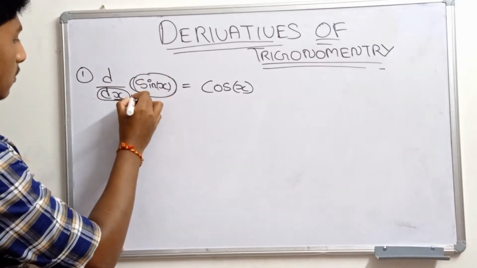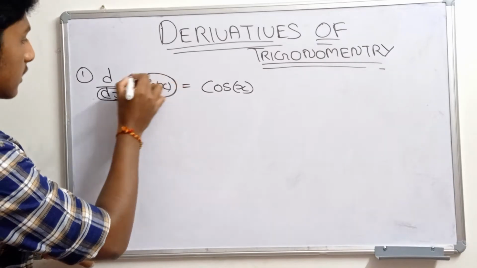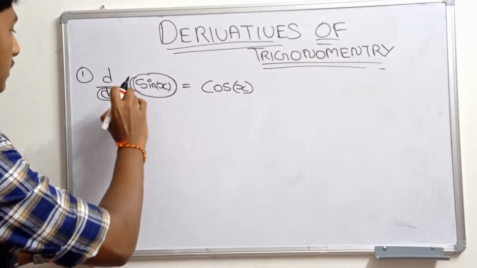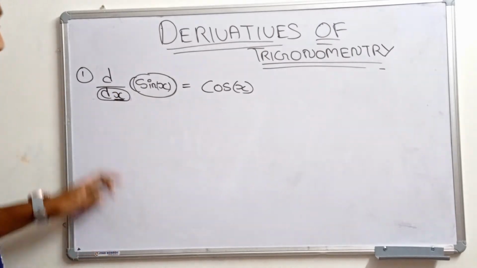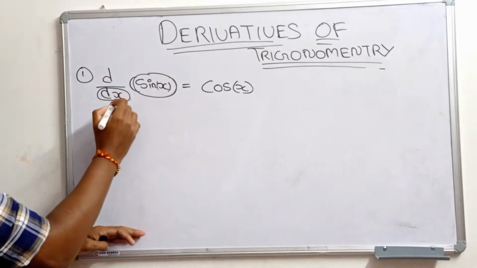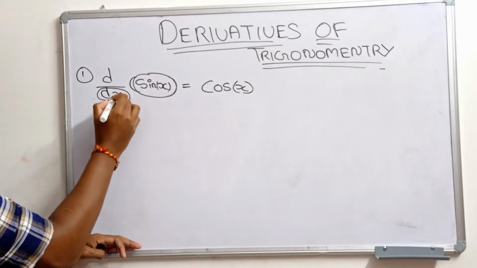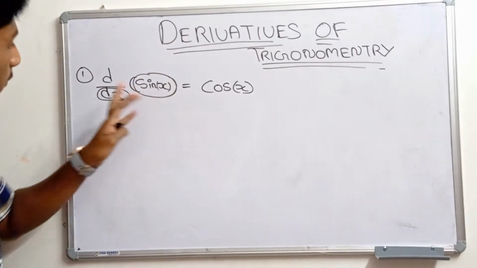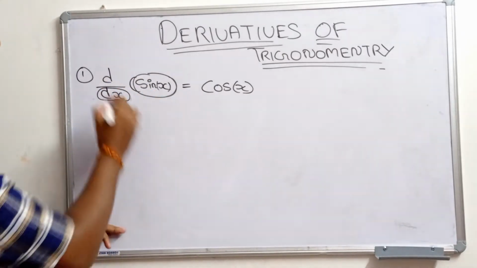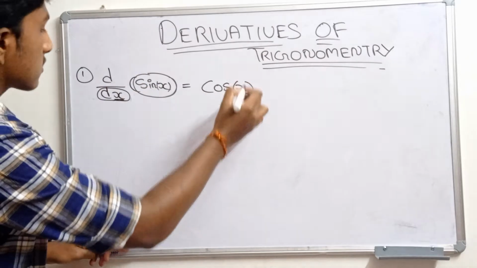If you go with y, you are differentiating the given term with respect to y, but now we are going with respect to x. I have done these concepts in the past lectures. Now d by dx of sin x is cos x.